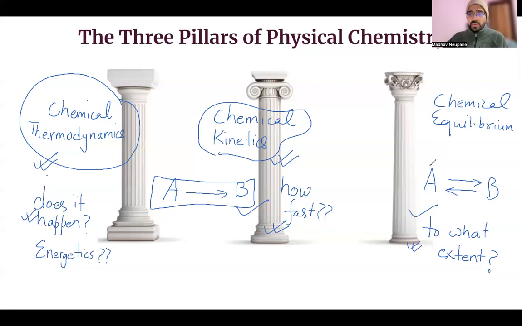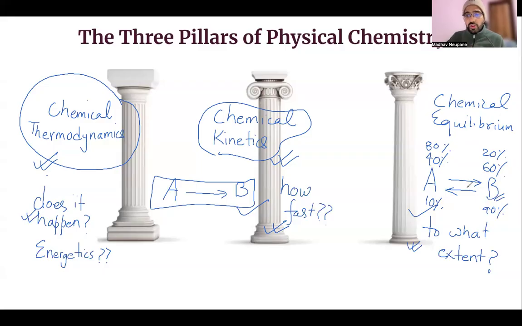You know, in some cases there could be 40% A and 60% B in an equilibrium process when the reaction has reached the state of equilibrium. In some reactions, it could be 80% reactant, 20% product. In some cases, it could be 10% reactant and 90% product. Again, our goal is to get more and more of B because we are always interested in the product, right?